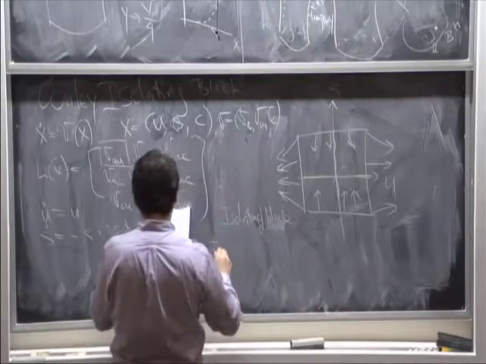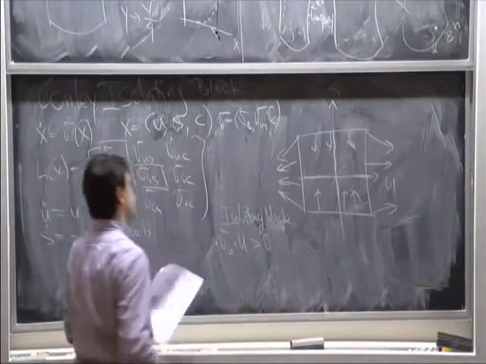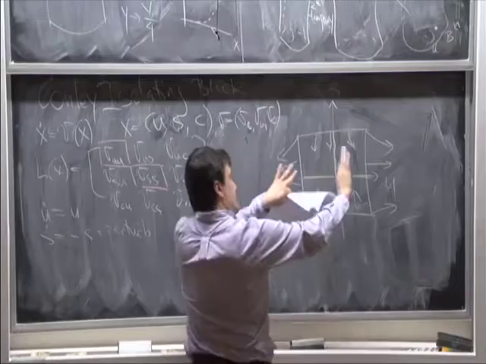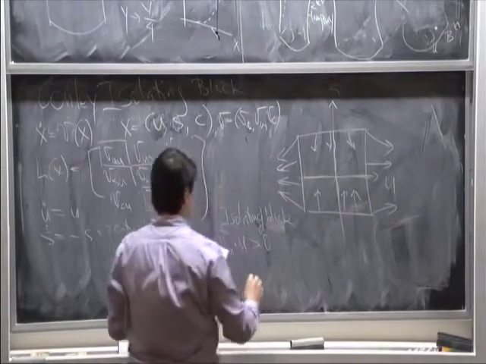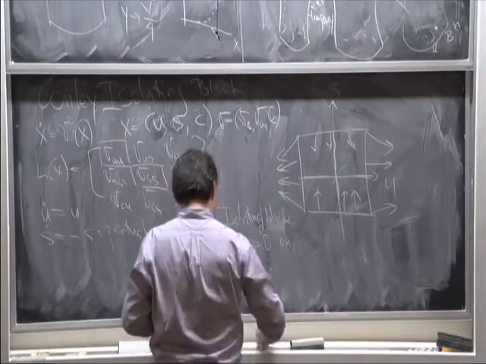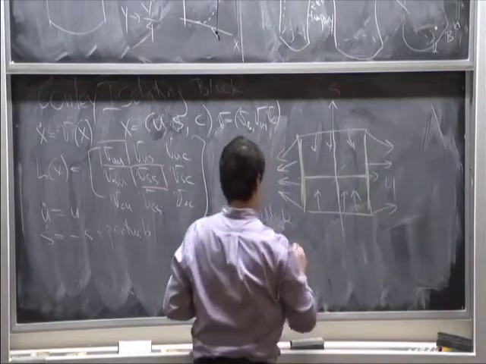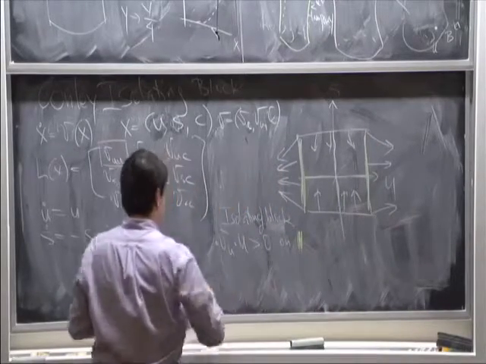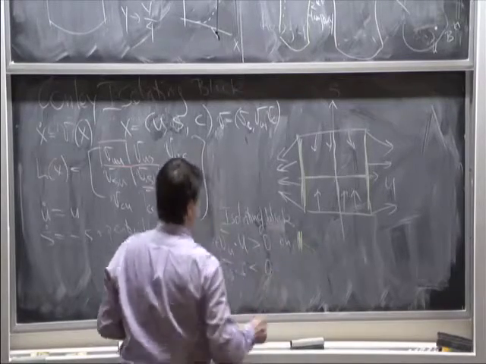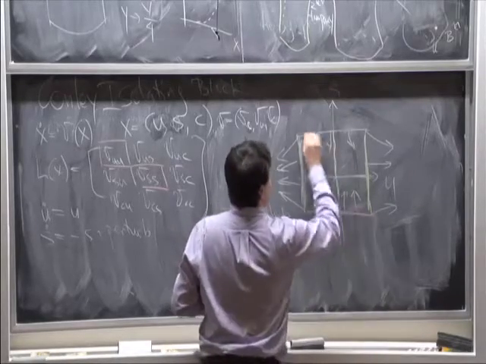The isolating block condition says that U times U dot is positive on the boundary. So it means that on the unstable boundary, the green part, you're pushed outside. And then another condition is that on the transverse boundary, you are pushed inside.